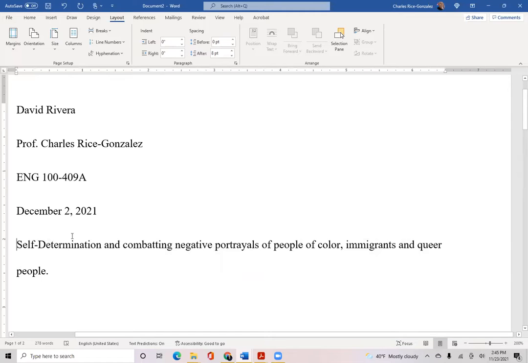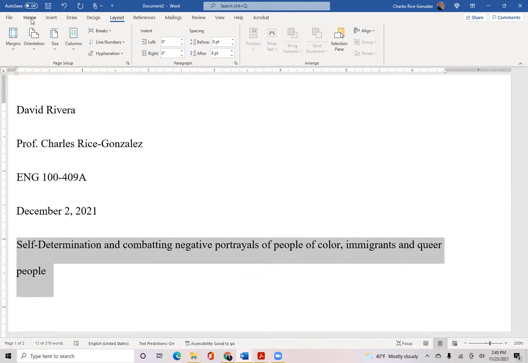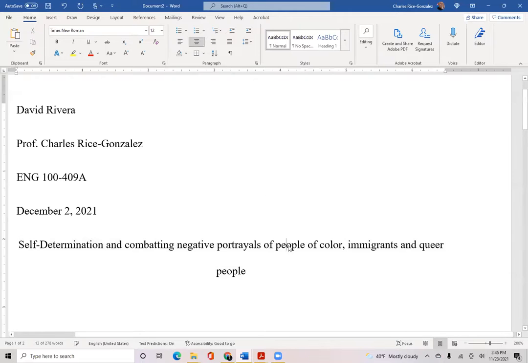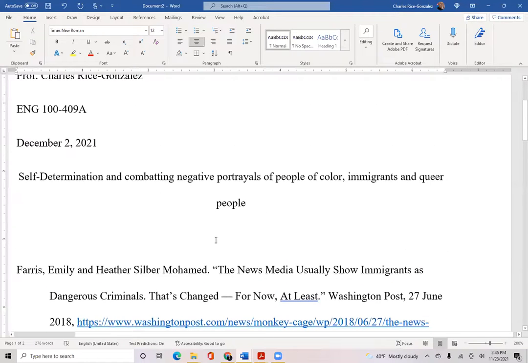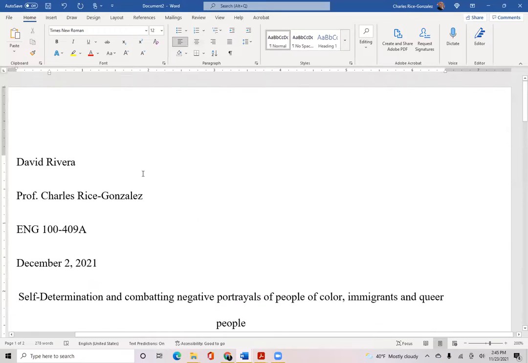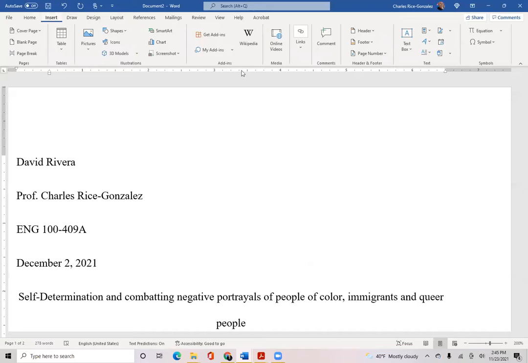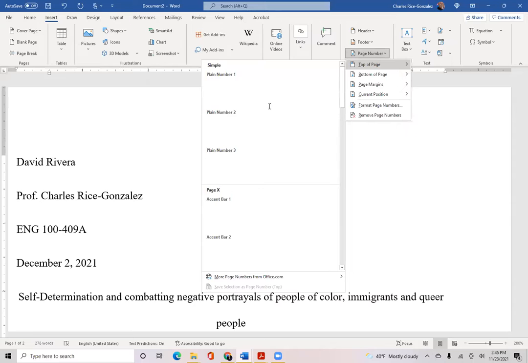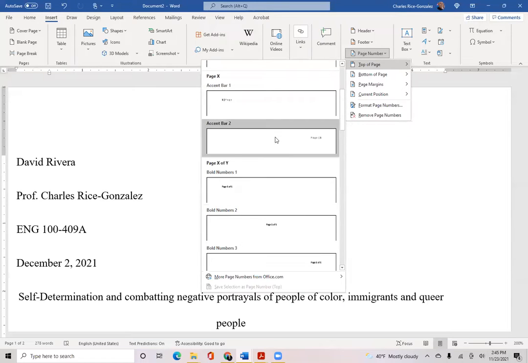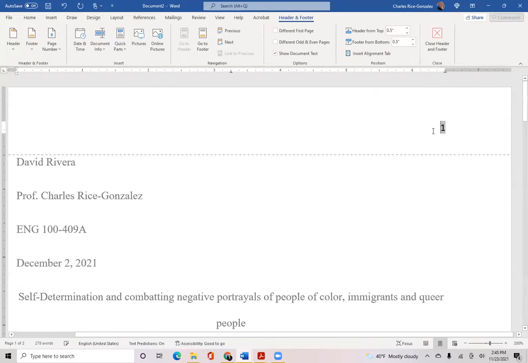The titles are centered. Let me take off the period from the title. No space there. And then you would do the insert. I mean, we've done this. I'm just doing this so you can see it live. We would fix it so that the font is the same.